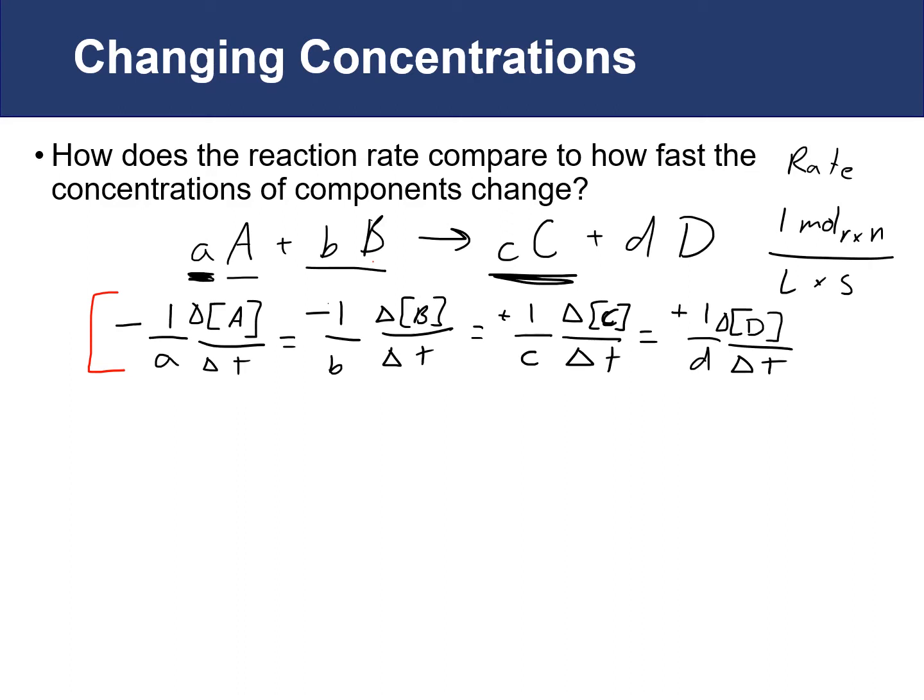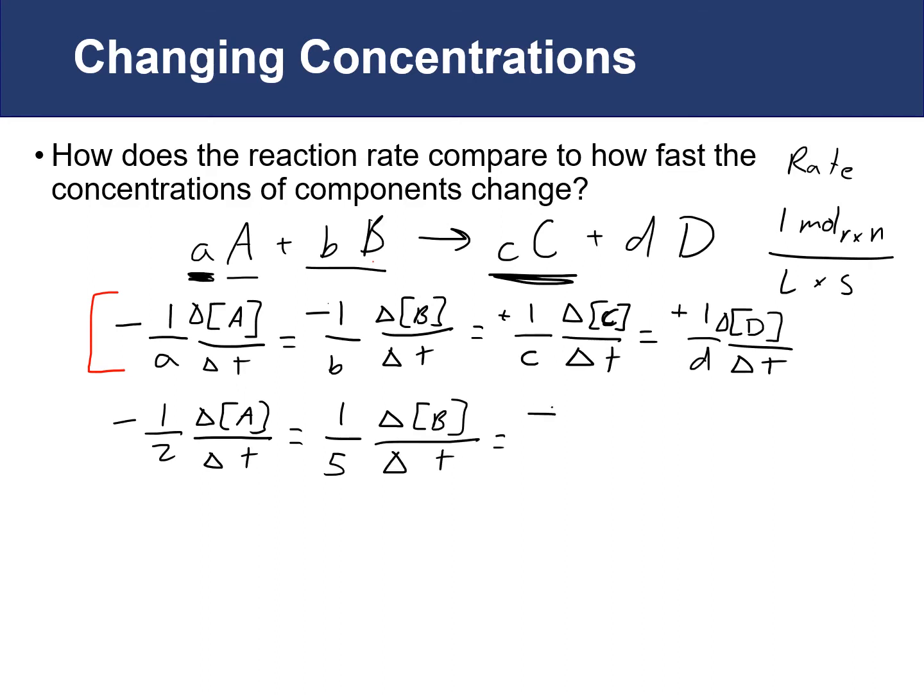So let's say that we had negative 1/2 the change in concentration of A per change in time, and that is equal to, let's say, 1/5 the change in concentration of B per change in time, and that's equal to the negative of the change in concentration of D per unit time, and that is finally equal to 1/3 the change in concentration of C per unit time.